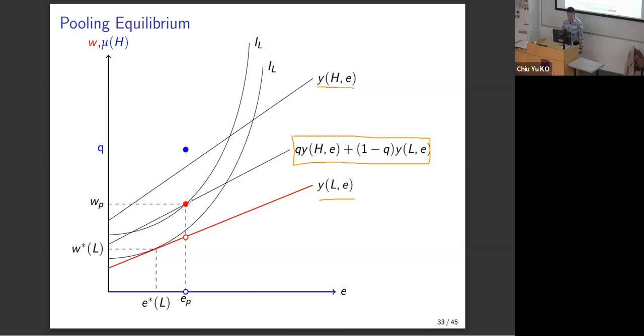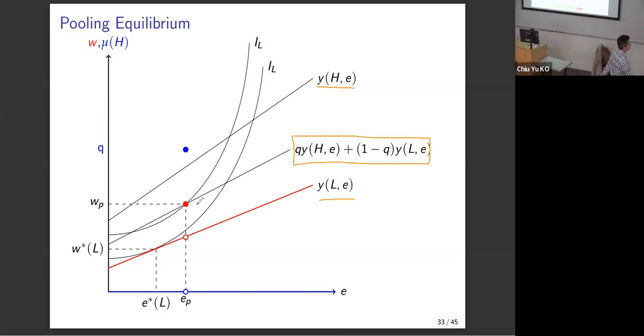The high type cannot do anything, because either you get this or you get the low wages. The firm offers this, so what can you do? This point must be higher than all this, so we don't need to check the high type. Given the wage profile, we only need to check the low type.